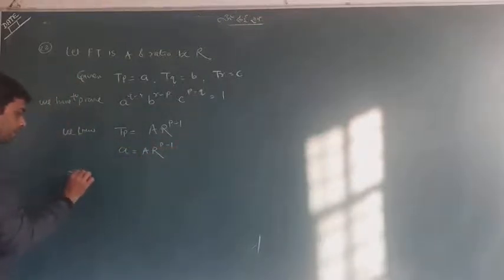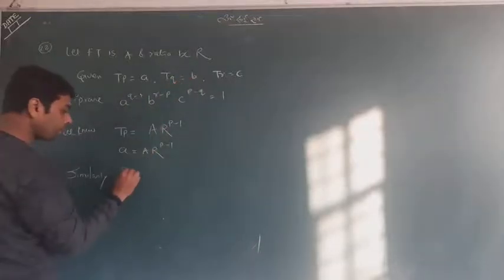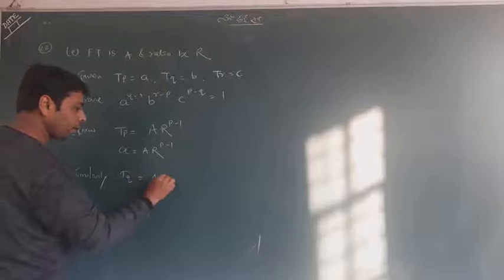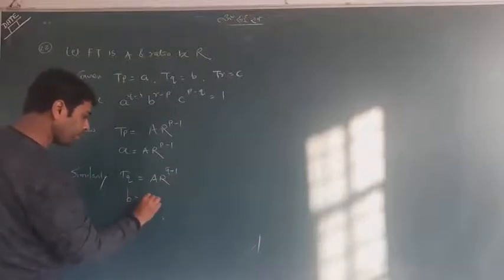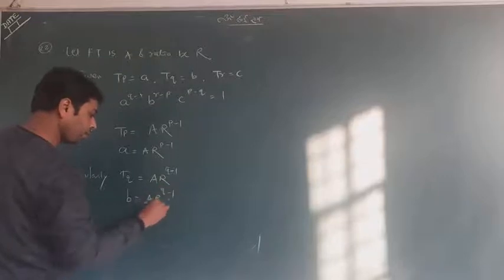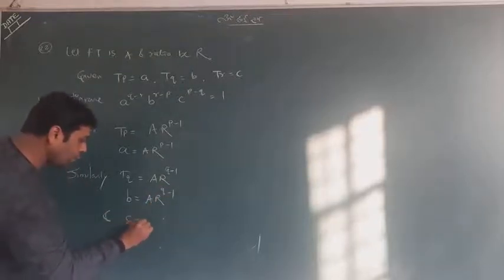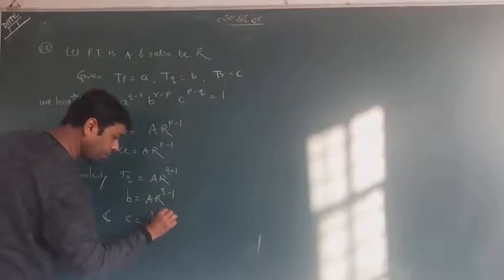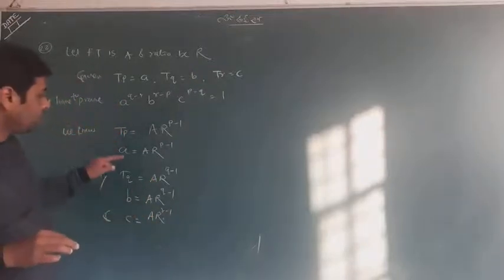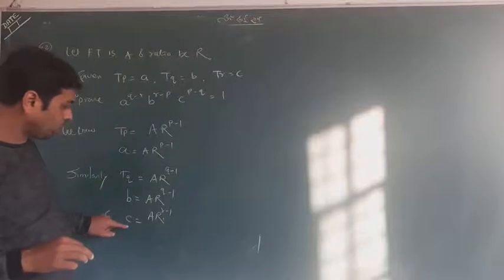Similarly, the qth term is b, A R to the power q minus 1, this is b. And lastly, c equals the rth term. So directly I am writing without any formality. We got a equal to this one, b equal to this one, c equal to this one.